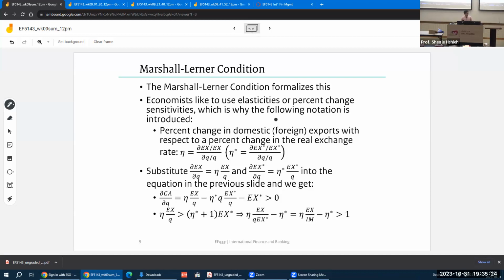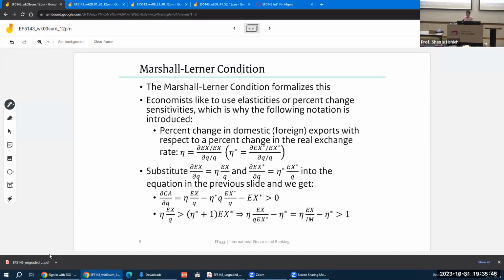We all know how to take derivatives, assuming we know that, and we also know the derivative of the current account with respect to Q. We know the structure to some extent. Now, economists like to work with what are called elasticities, which is a fancy word for the percent change in response to a percent change of some other variable.